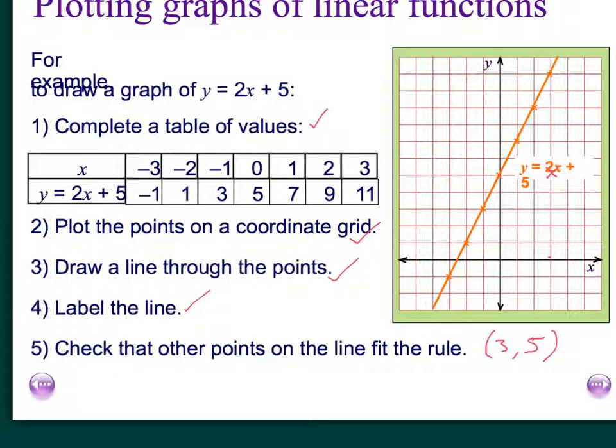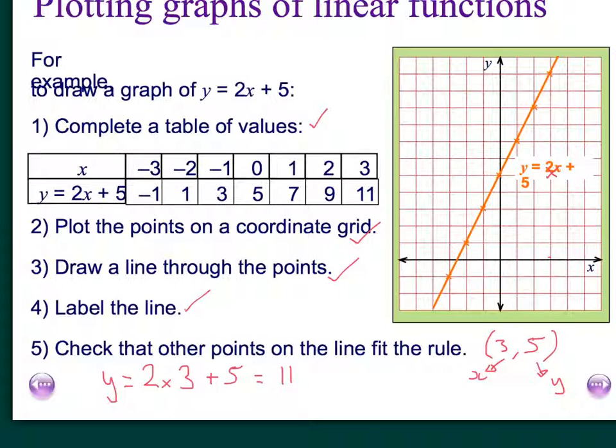However, if you haven't had to draw the graph and they're asking if 3, 5 fits on the line, well, you know your x value is 3 and you need to see if your y value would then be 5. So let's try it. y is 2 lots of x, 2 3s plus 5. 2 3s is 6 plus 5 is 11.